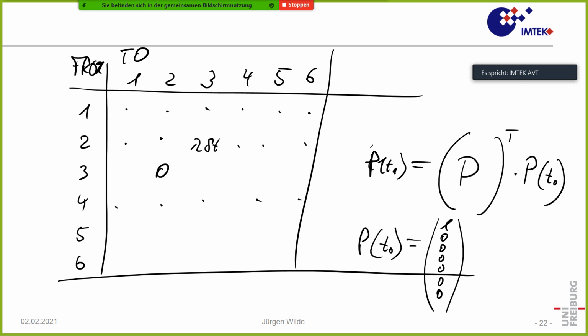Yes, in the end, you will find out it will always come to the same availability or average availability after a certain time. What is also important, you can have an absorbing state.